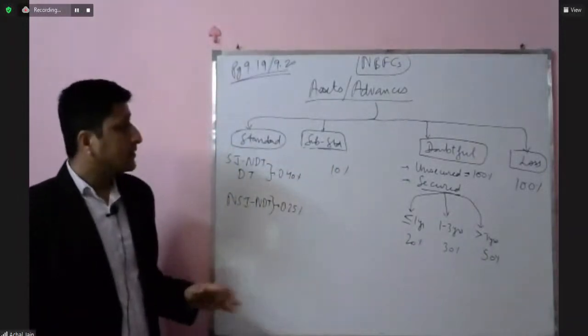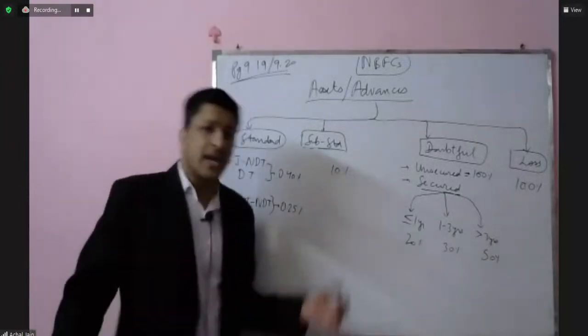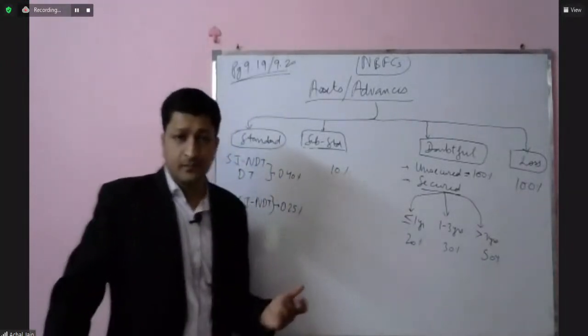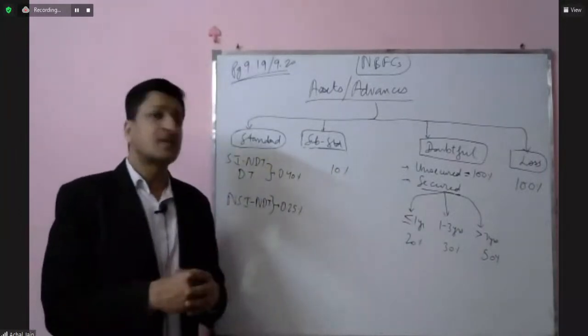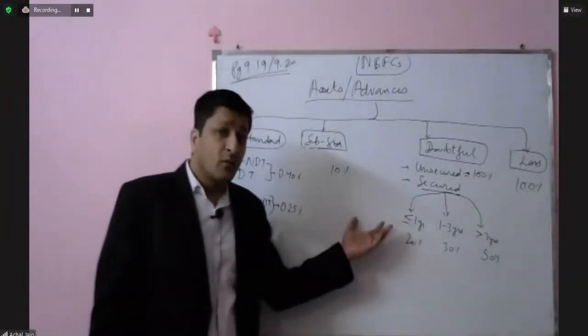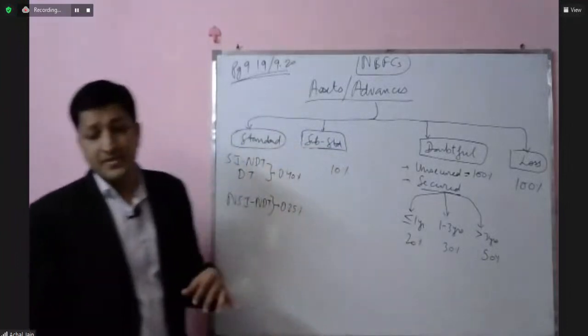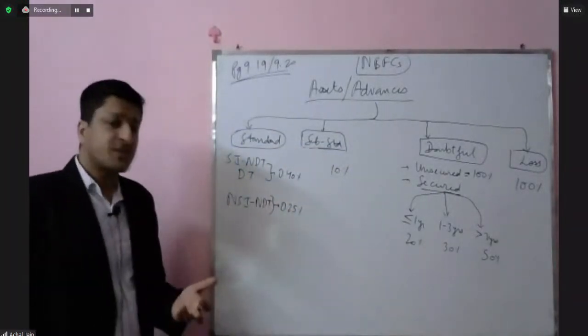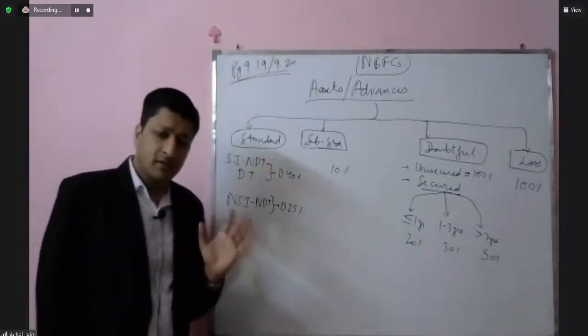The only thing is that with the banks and with the NBFC there should not be any confusion or mix-up. In case of a bank, what's the percentage? In case of NBFC, what is the percentage? Because the classification is all same, but the basis of classification is different. Clear?